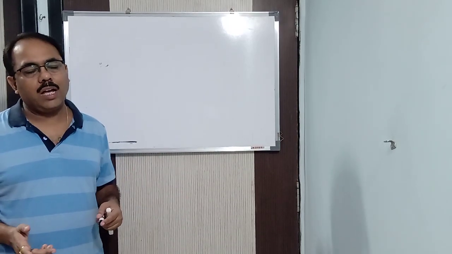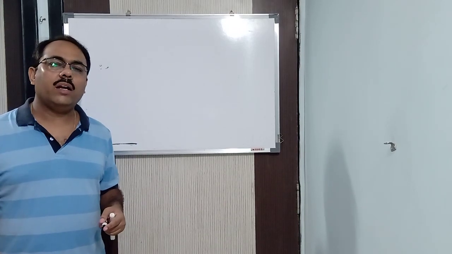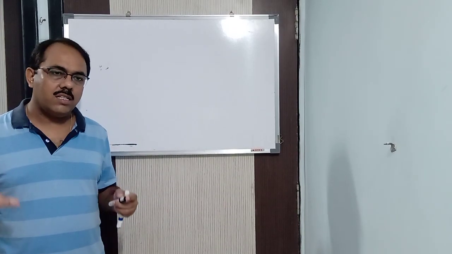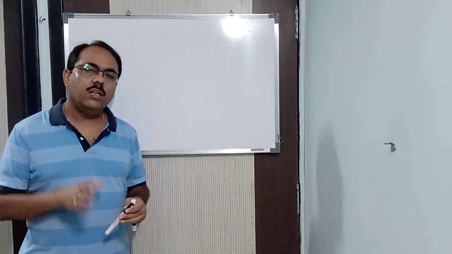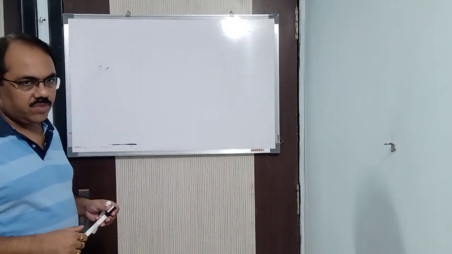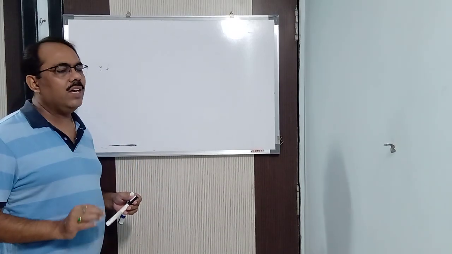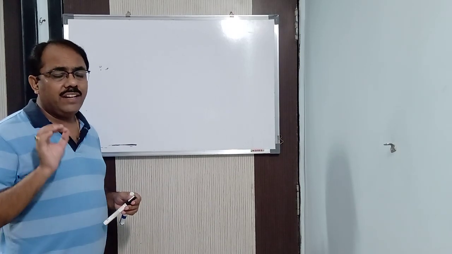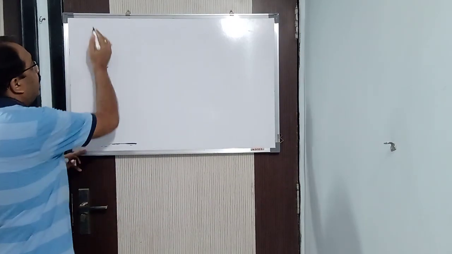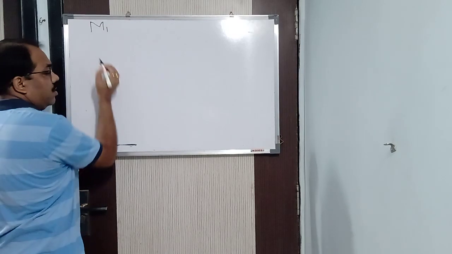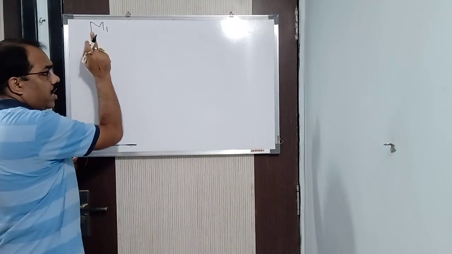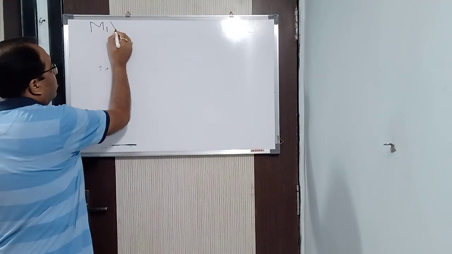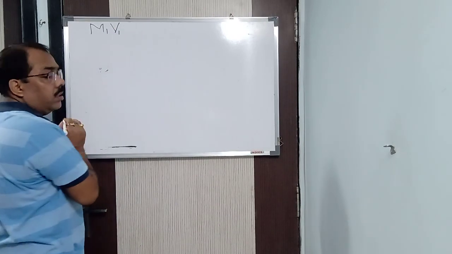We are calculating concentration in terms of molarity or normality. What is the concentration of the resultant solution? For example, let us say we have nitric acid whose molarity is M1, and the volume of nitric acid I have taken is V1.